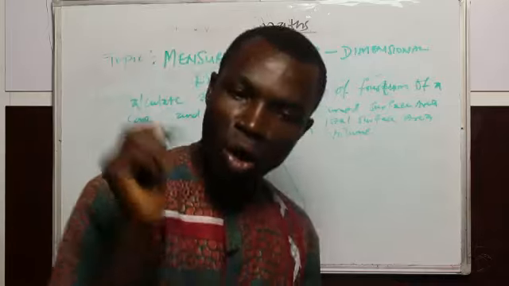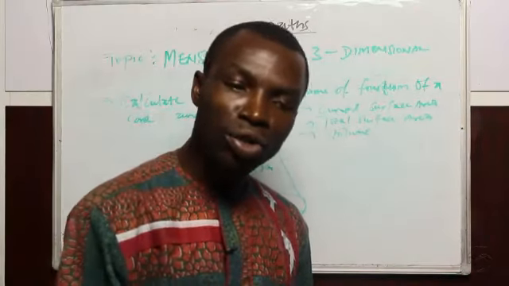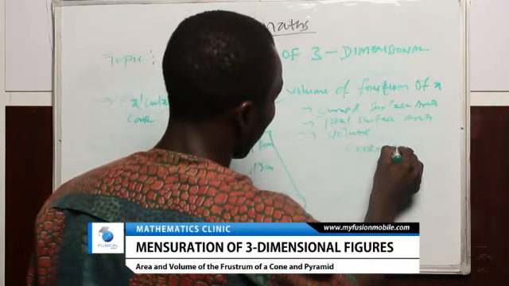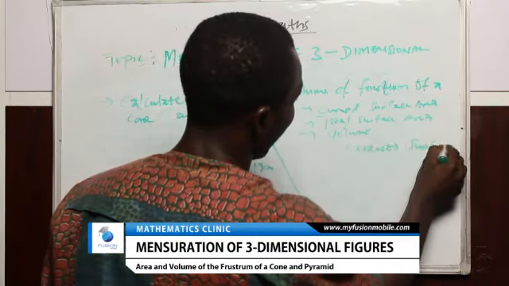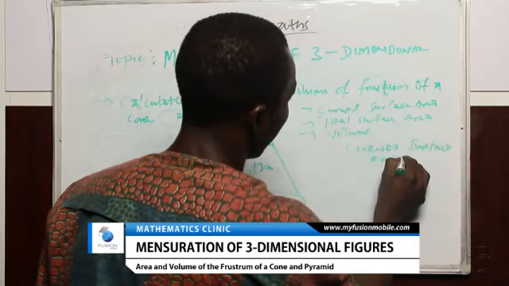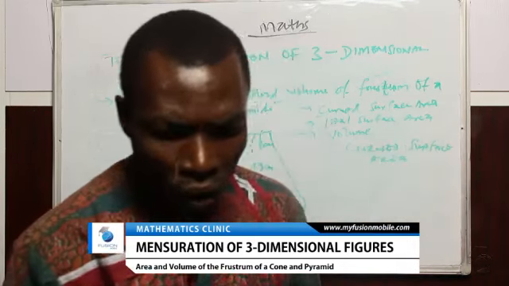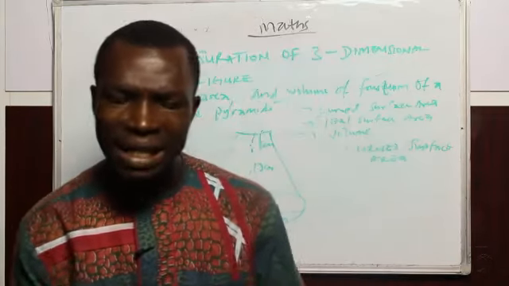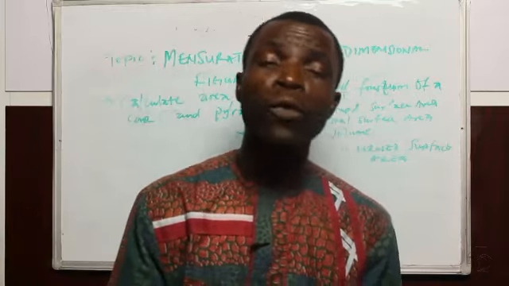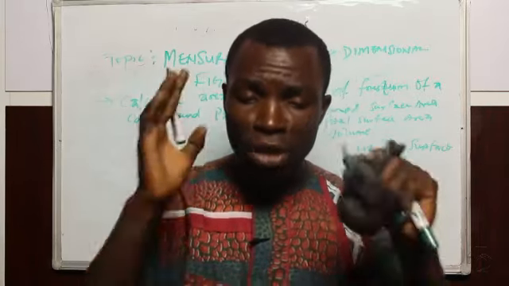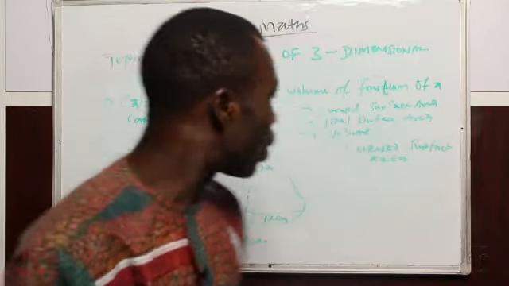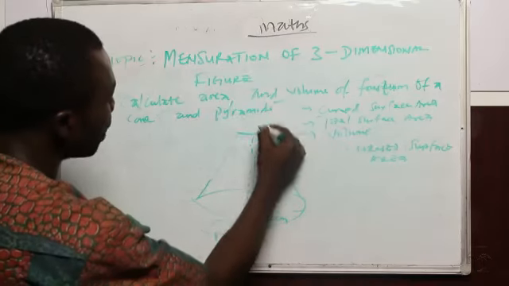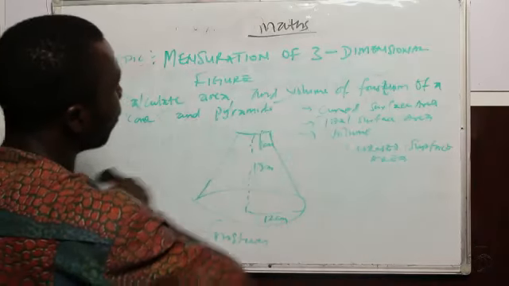Number 1, the curved surface area is what we are going to look for. Now, before we look for the curved surface area, we have to make this frustum a full cone, so that we can measure the cone accurately and compare it with the height of the smaller top that has been chopped off.